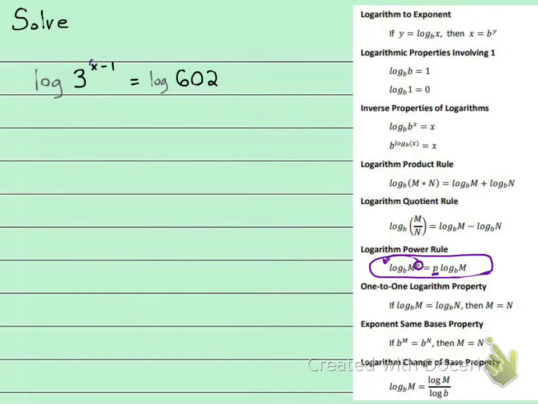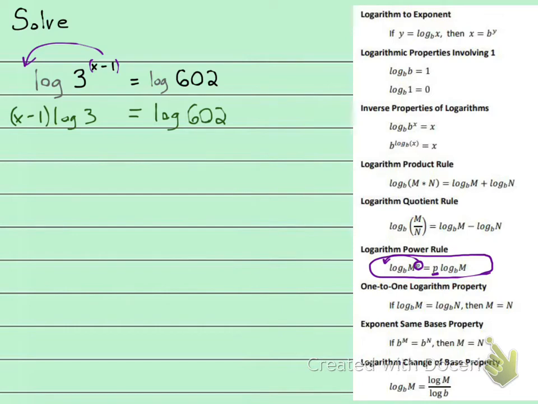We're going to take this x minus 1 and bring it right in the front. So I will have x minus 1 times the log of 3, and that equals the log of 602.